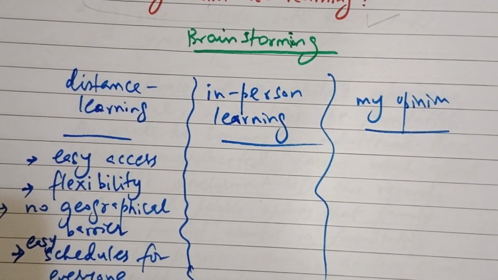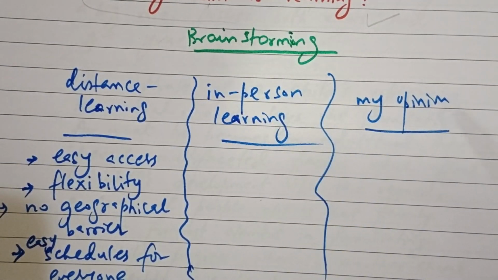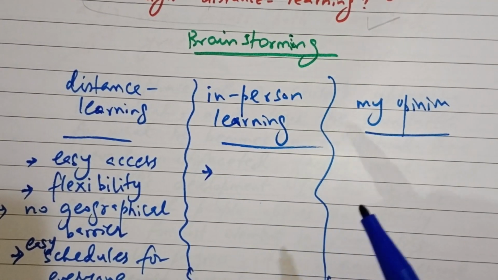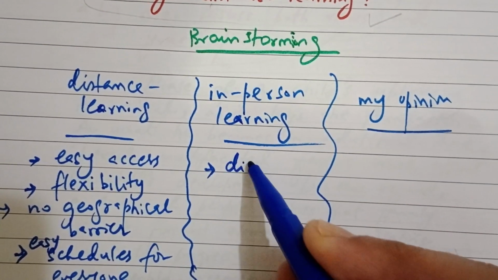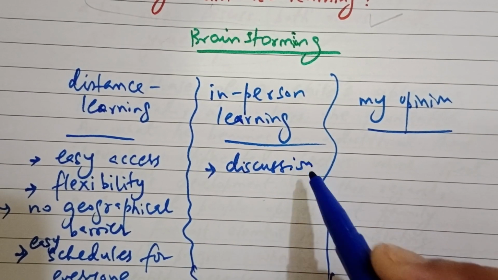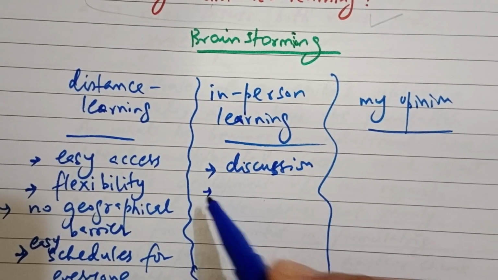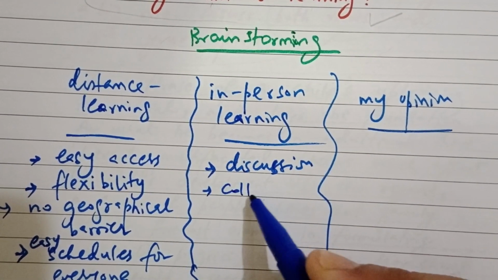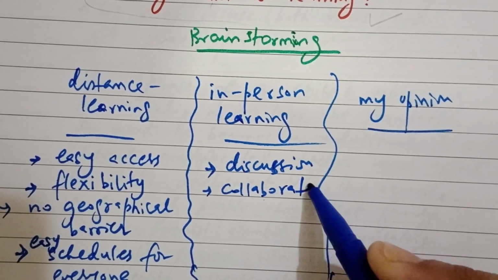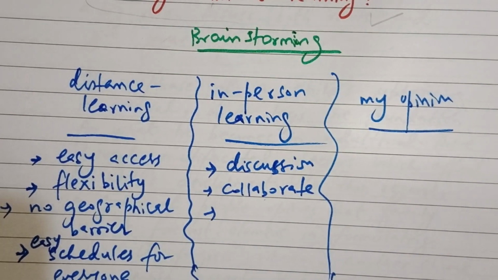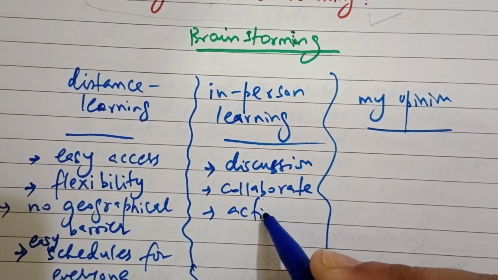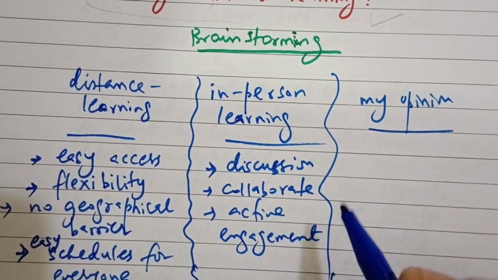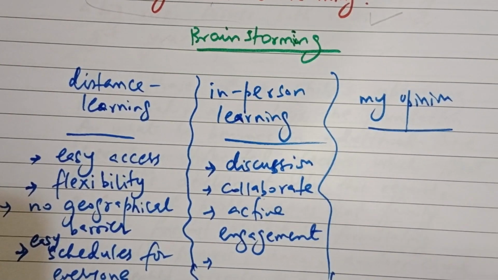Now let's move on. Another is in-person learning, the traditional method. Why is it more popular? Because it comprises discussions which can only be done in person when people are available personally. The collaborations, they can collaborate when they are available physically. And then active engagement in the course participation becomes easy when they are physically available.